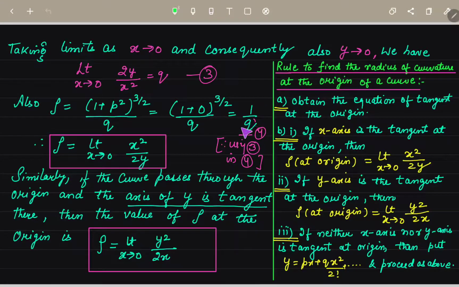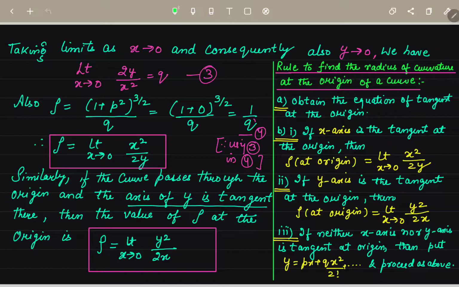Now I will substitute the value of q from equation 3 in equation number 4. So after substituting this value, what will I get? I will get rho equal to limit x approaches 0. Now it becomes 1 by q, means 1 by 2y by x square. So it becomes the reverse, that is x square by 2y.